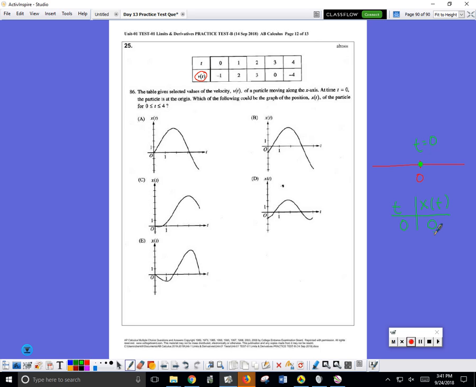Splendid. So, somebody else, what else do you have as far as read and find clues?